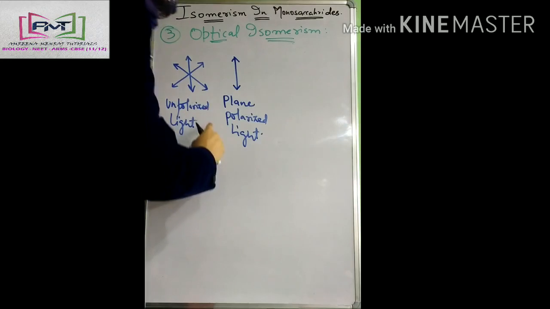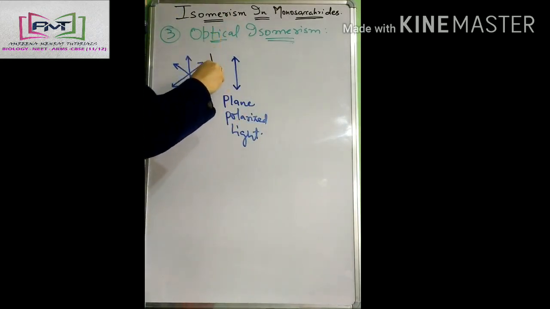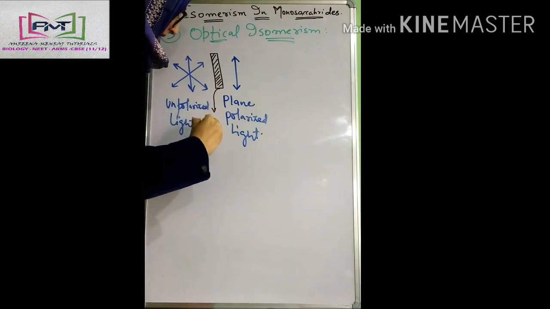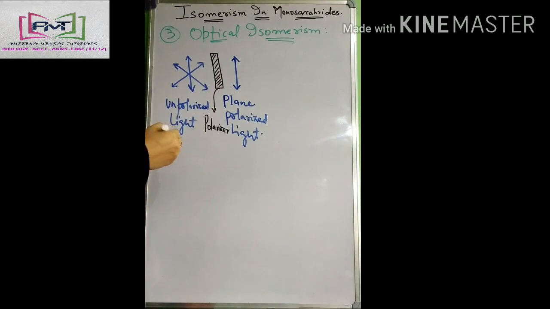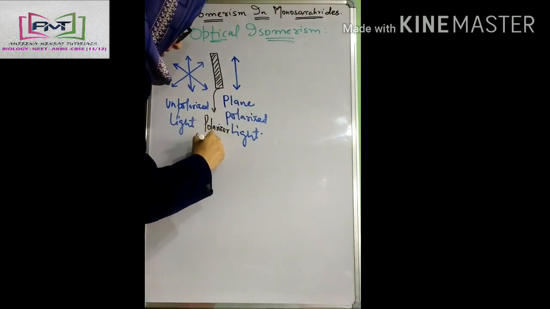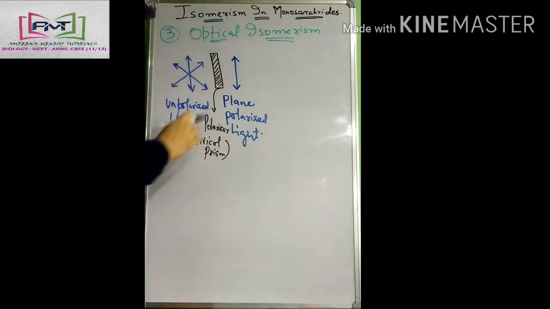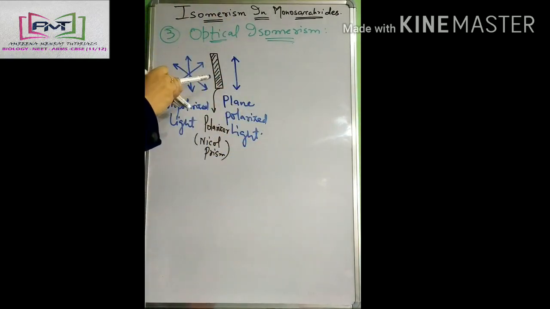You are supposed to convert it into plane polarized light. How will you do this? You will let this light pass through a material. This material is the polarizer. The best example of a polarizer is a Nicol prism. You can use this prism to get plane polarized light.